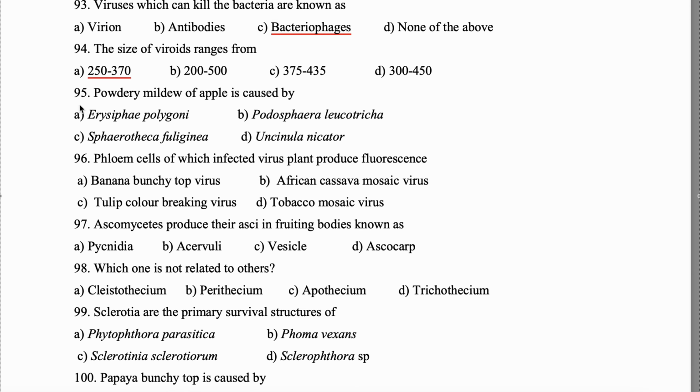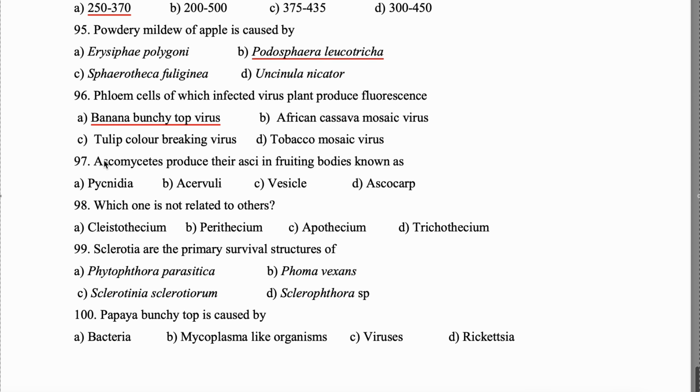Question 95. Powdery mildew of apple is caused by Podosphaera leucotricha. 96. Phloem cells of which virus-infected plant produce fluorescence? That is banana bunchy top virus. Question 97.